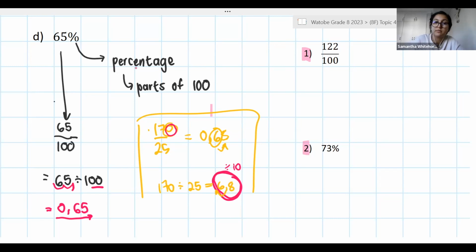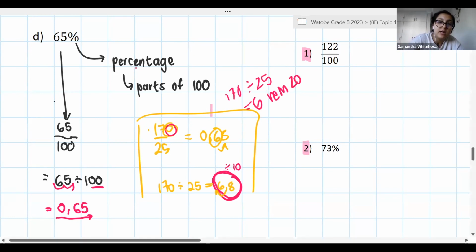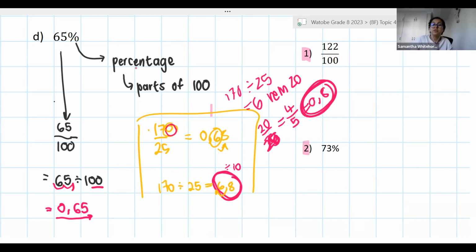It's been a while since I did this. 170 divided by 25 gives you 6 remainder 20. Which means you've got 20 over 25 as your remainder. And that is then 4/5, which does simplify to 0.8. So there is that 0.8 there that you need to remember.